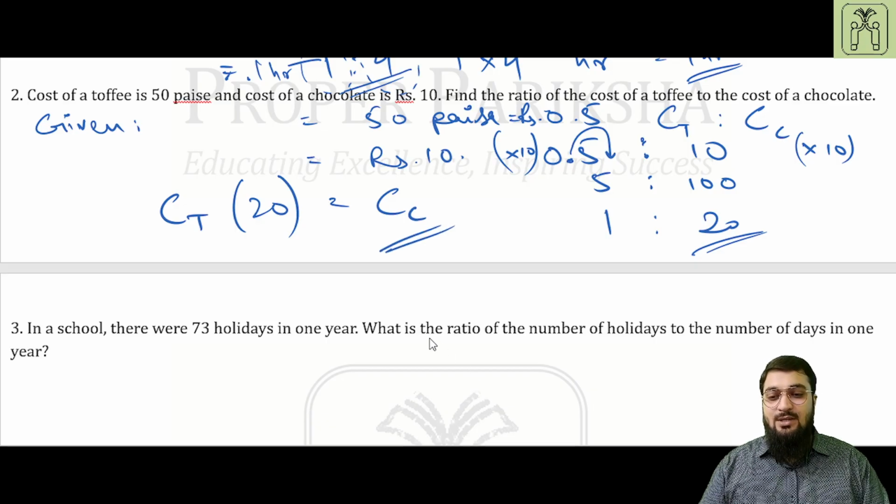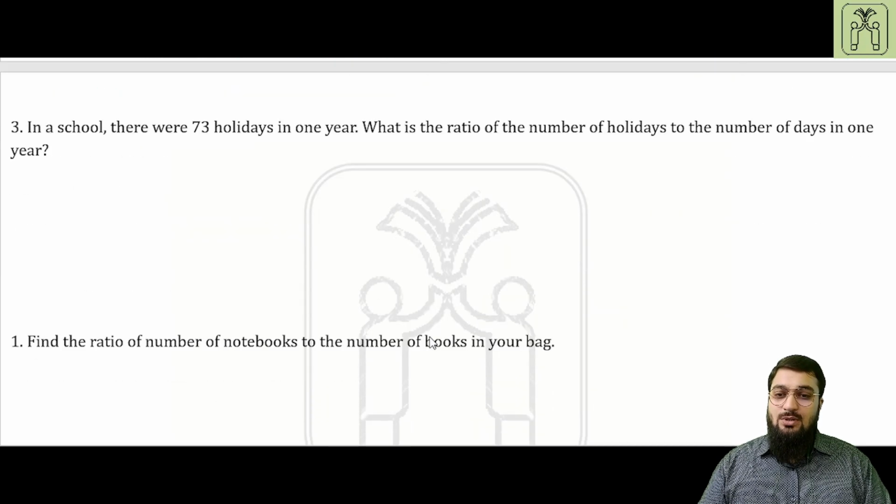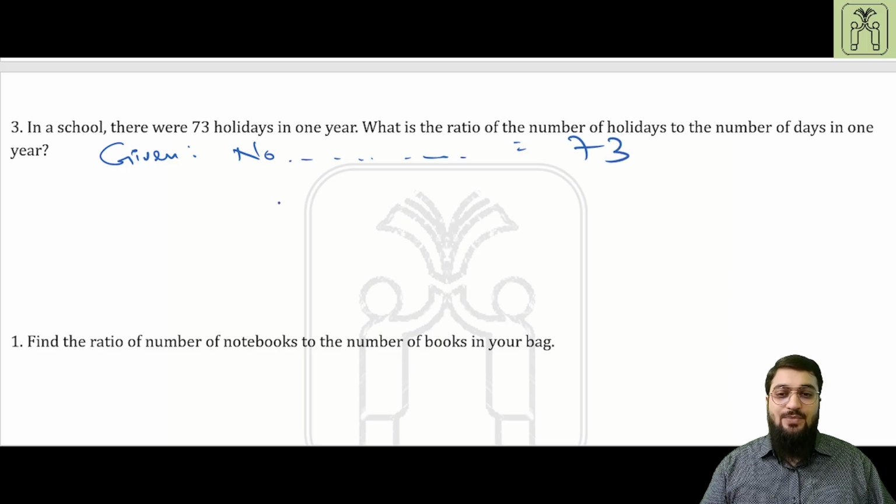Coming to the next question. In a school, there were 73 holidays in 1 year. What is the ratio of number of holidays to the number of days in 1 year? Okay, so we are given, I will start by writing, given: number of holidays in 1 year is equal to 73. Then we'll say number of days in a year.